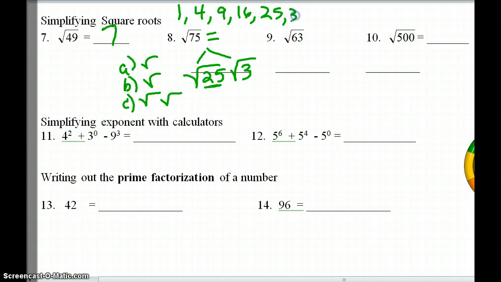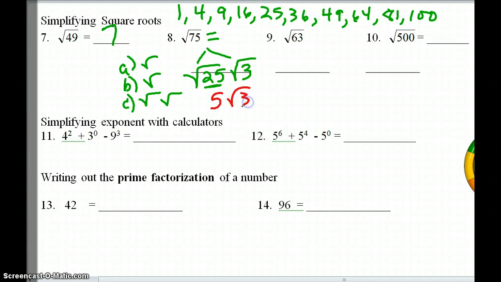The more you know of these right off the top of your head, the easier these simplifying problems will be. How many should you know? Probably at least up to 100. Why? Because when I simplify the square root of 75, the square root of 25 is 5, and we'd get 5 square roots of 3.